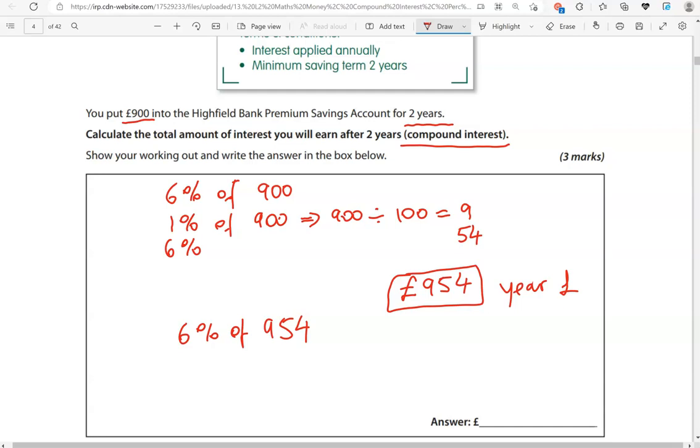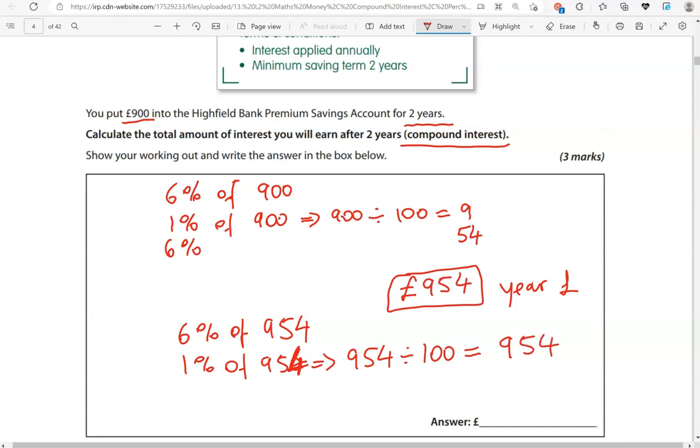You invested. So again, 1% of this can be worked out by going 954 divided by 100. So I'll rewrite 954 here.